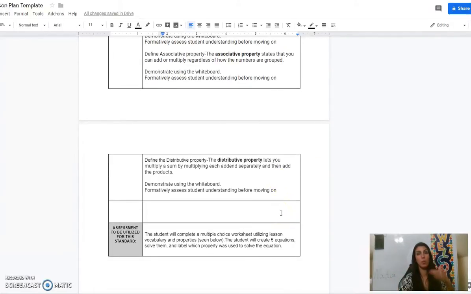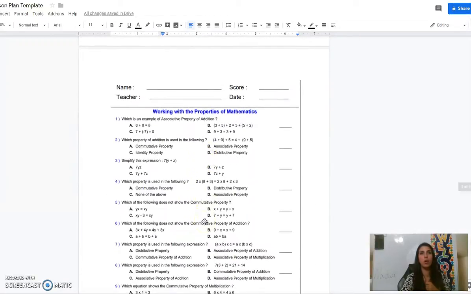Once he gets it, we will move on to the last part, which is he'll get some independent practice. Of course, I'll still be there to provide that additional support, but he's going to work independently on a multiple choice worksheet, just using that vocabulary. And this here is a glimpse of what that will look like.